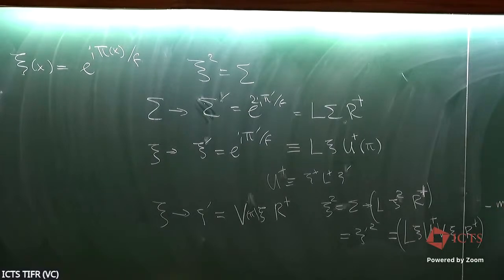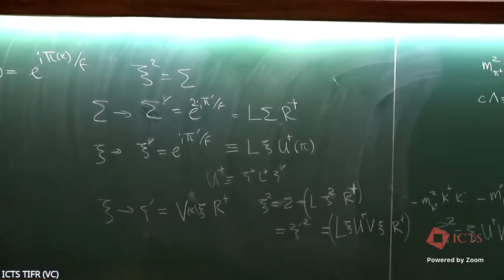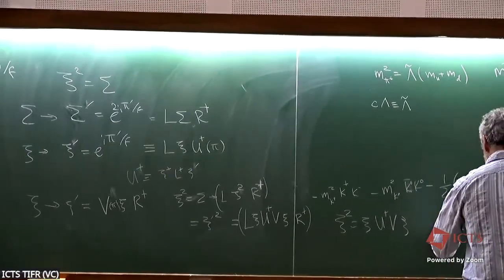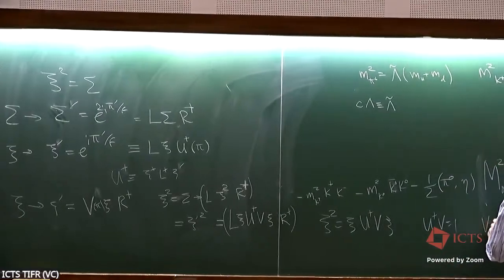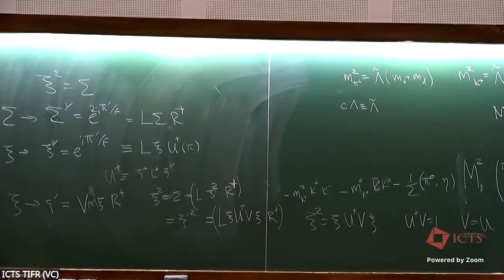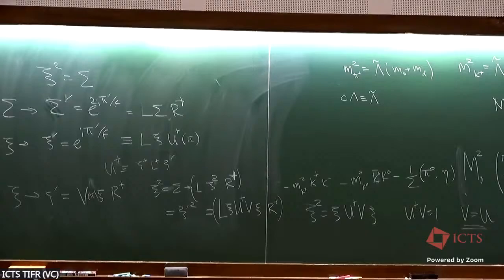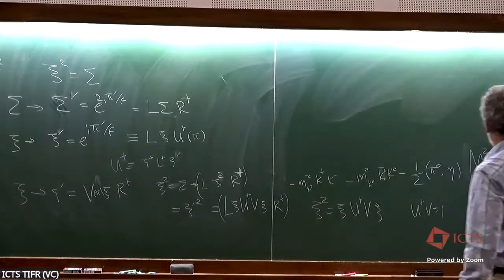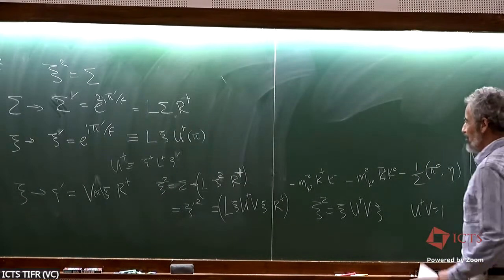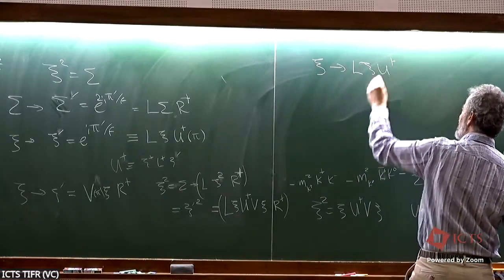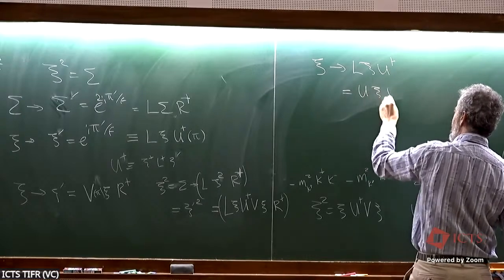I get that C squared is equal to C U dagger V C. Multiply by C dagger on both sides, and I get that U dagger V equals 1, which means that V is equal to U. So what we've shown is that there is some U of pi, this horrible unitary matrix made out of pion fields, and I don't need to know what it is, but I can say that C goes to L C U dagger, which is equal to U C R dagger.